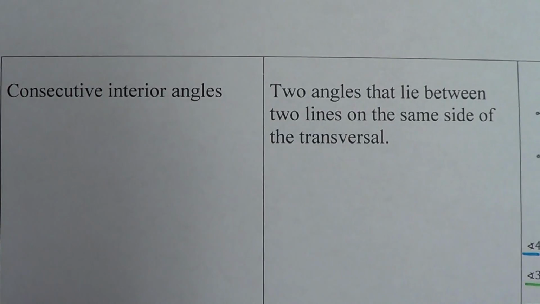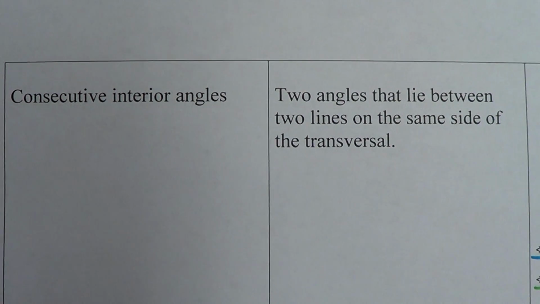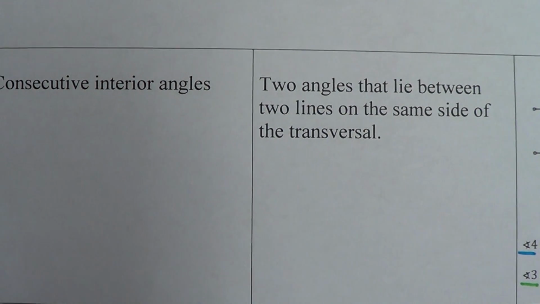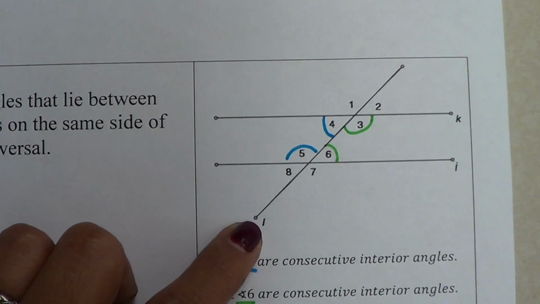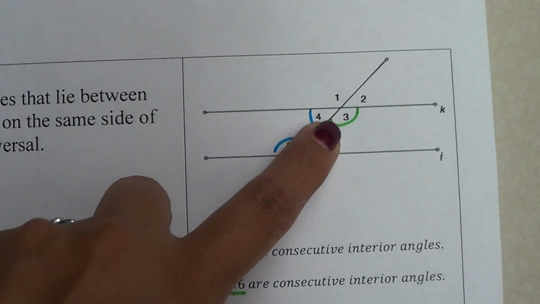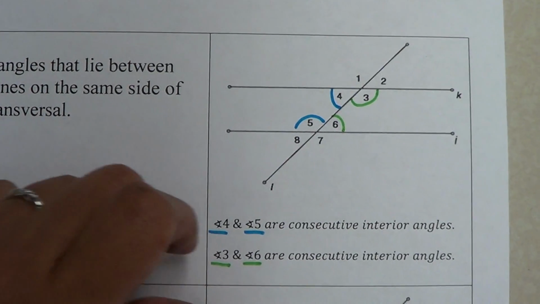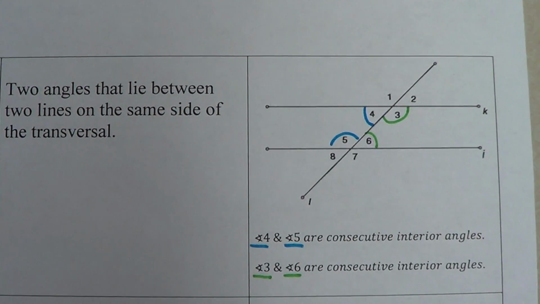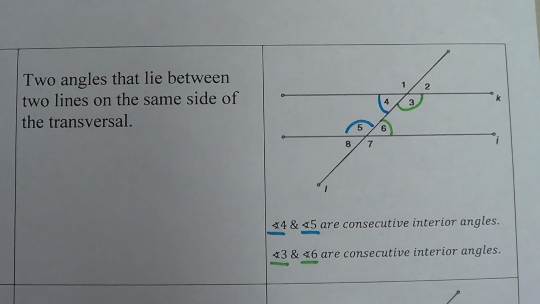consecutive interior angles. 2 angles that lie between 2 lines on the same side of the transversal. So let's take a look at what that looks like. So this is our transversal right here. It's this line, okay? And we're looking at angles that are on the same side of the transversal on the inside.